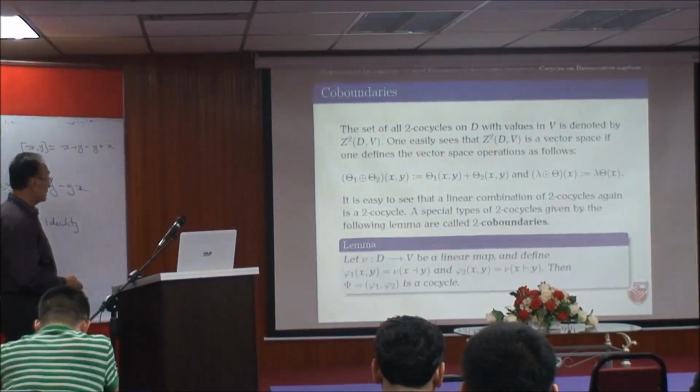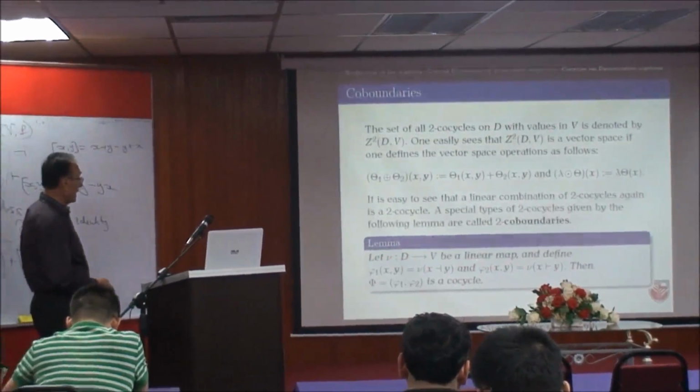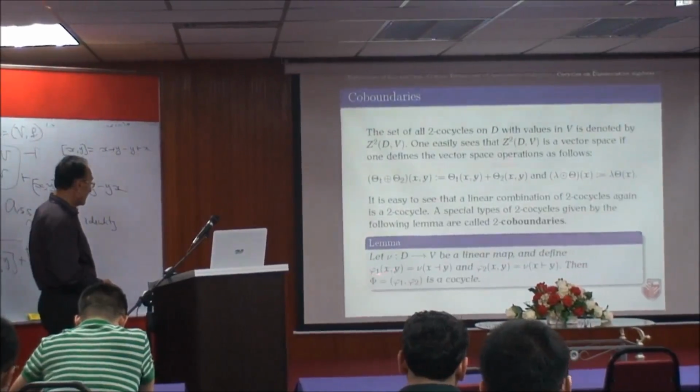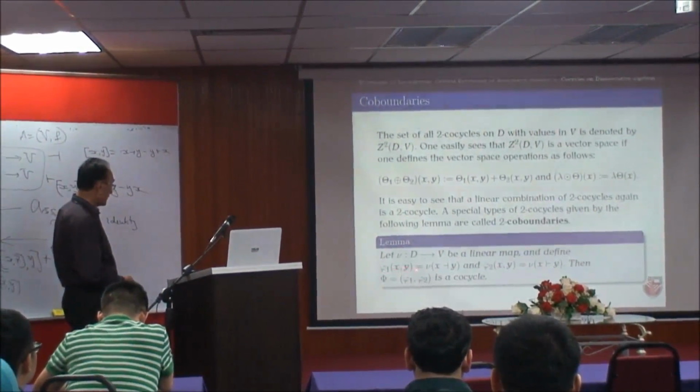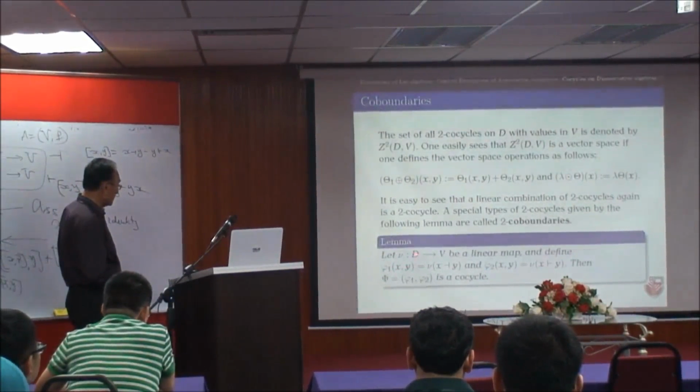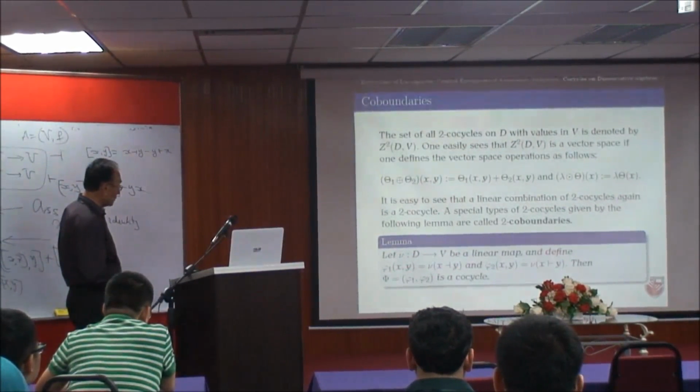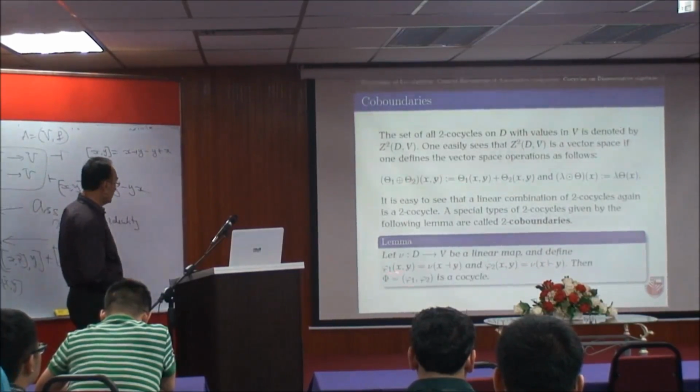Then there are special 2-cocycles, given by the following lemma. If you consider any linear map nu, then you can define phi 1 and phi 2 as follows. Phi 1 of x, y is nu of the first operation x, y, and phi 2 is nu of the second operation x, y. So you have two such maps, phi 1 and phi 2.